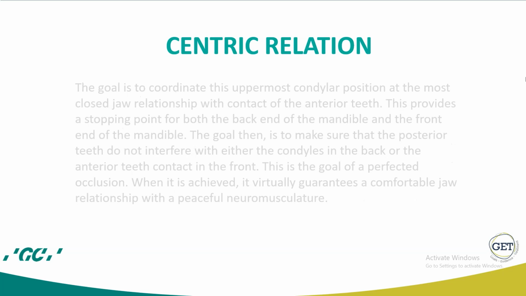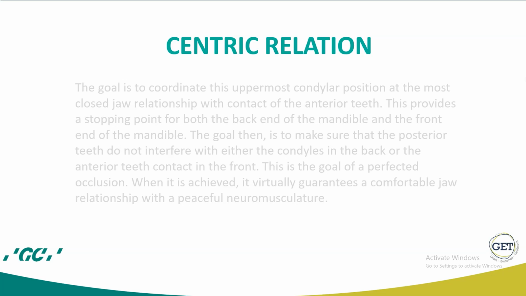The goal is to coordinate the uppermost condylar position at the most closed jaw relationship with contact of the anterior teeth. This provides a stopping point for both the back end and the front end of the mandible.